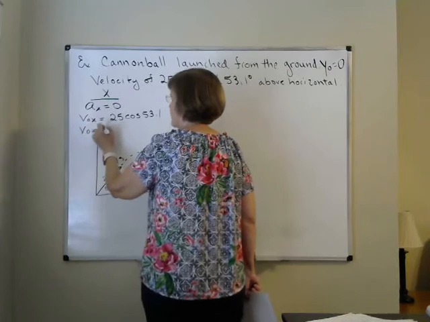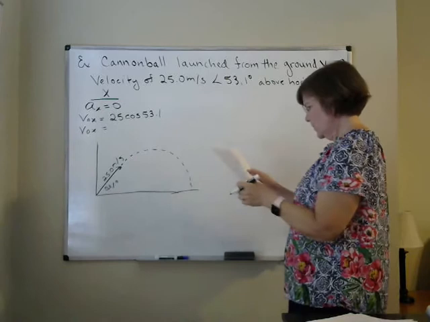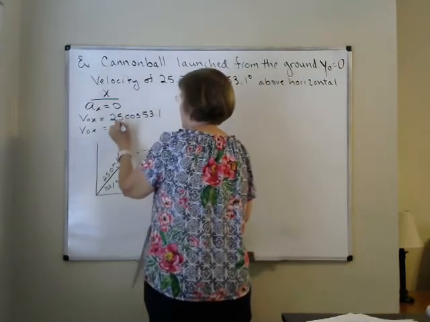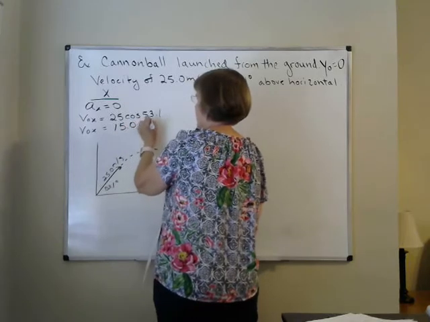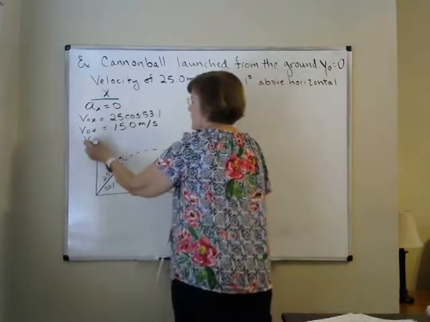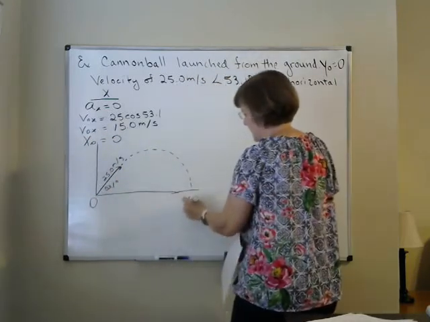V0 in the x direction. If I do 25 cosine 53.1, it comes out to be 15 meters per second. Position at 0 is 0. We're going to start here and end someplace over here.